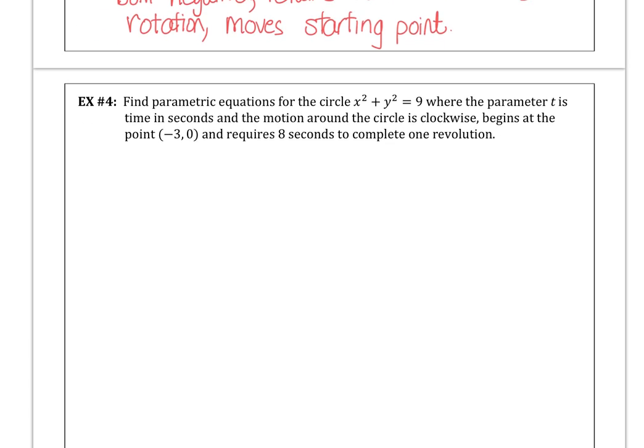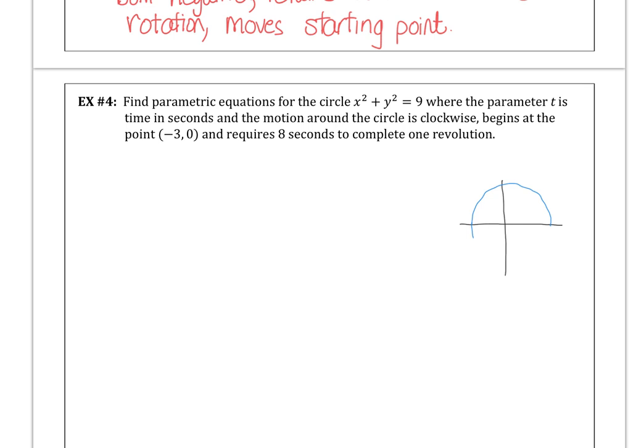Example 4 says, can you find parametric equations for the circle x squared plus y squared equals 9, where the parameter t is time in seconds, and the motion around the circle is clockwise. It begins at the point -3, 0, and requires 8 seconds to complete one revolution.